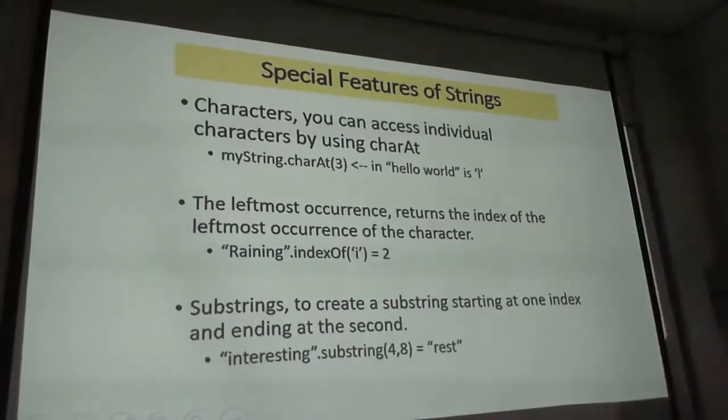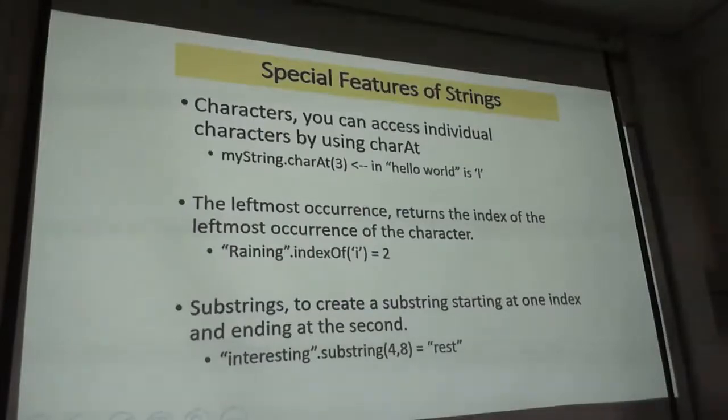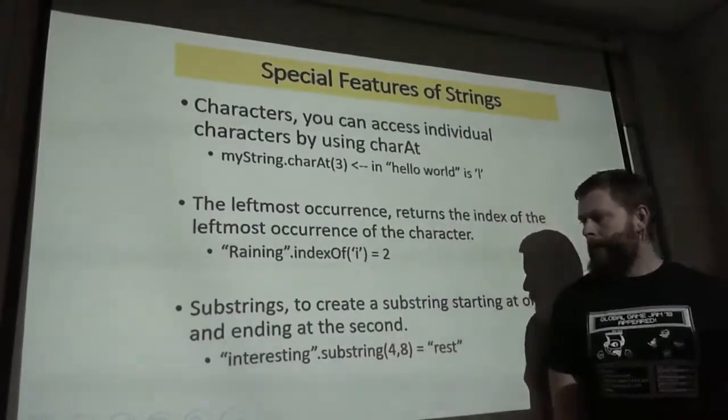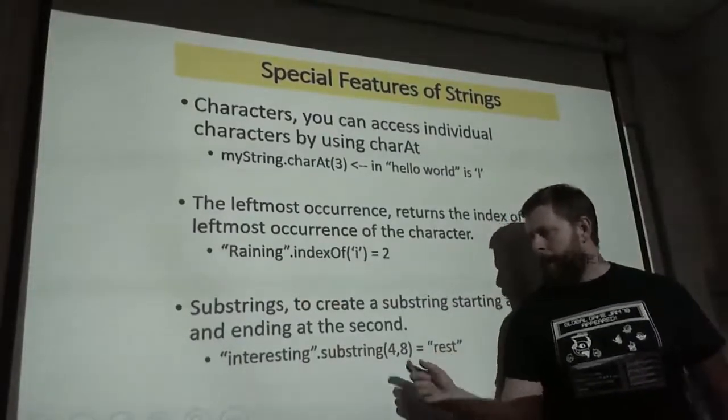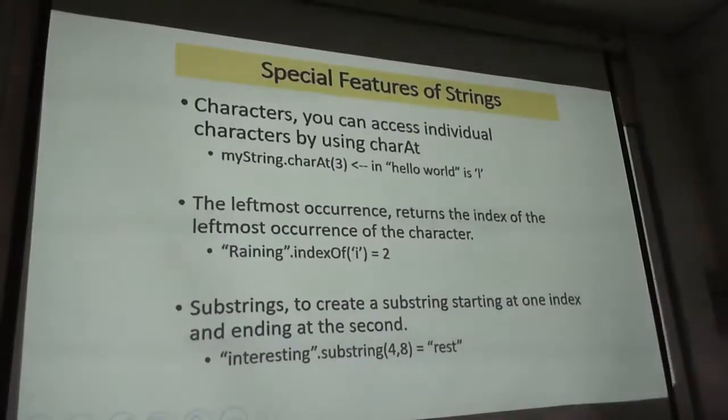The last one we have here is substring. A substring is where we copy out some of the characters from our original string to create a new string. So if I had the word interesting and I send in a substring, I send in 2 pieces of information: a starting point and an end point.